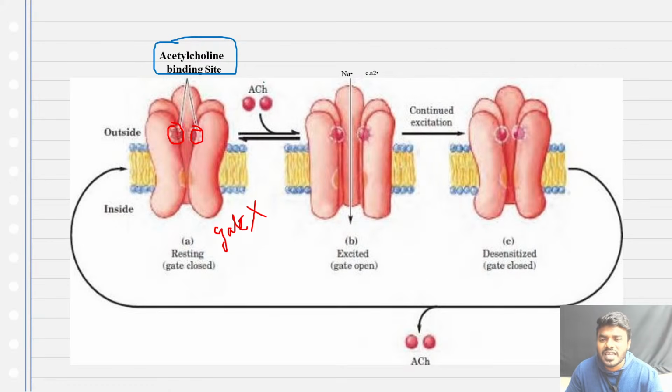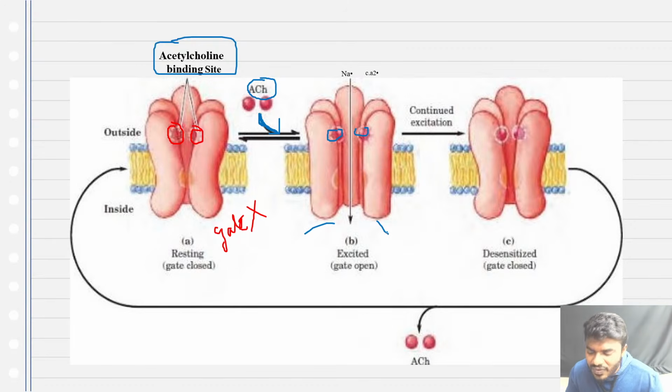Now you only listen, friends. Whenever there is an association of the acetylcholine molecule, everyone pay attention. Whenever an acetylcholine molecule comes and attaches, what will happen immediately? Whatever channel, whatever gate was closed so far, it gets open.